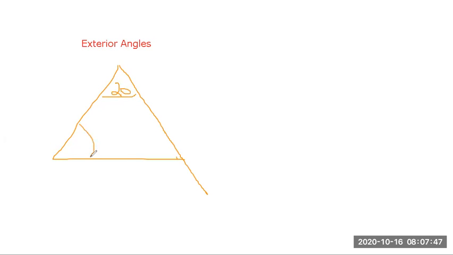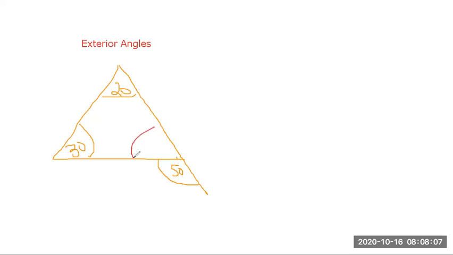That's 20 and that's 30. Then it's telling me that this angle right here on the outside, opposite of the two inside angles, you add them up and you get that one.